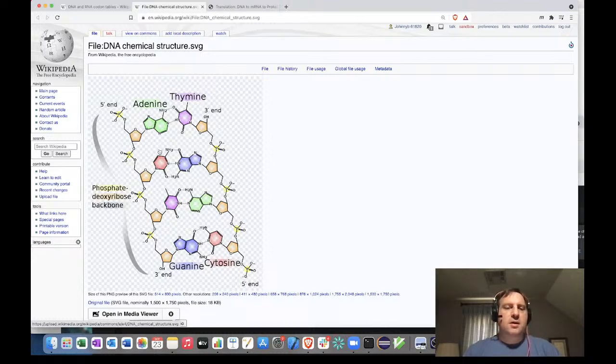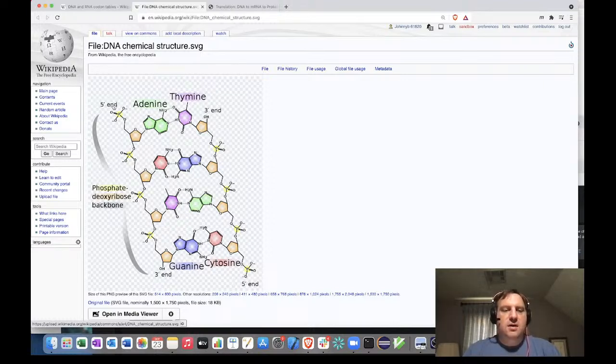The direction of DNA is based on the connection to this sugar here, and so there's a 5 prime end and a 3 prime end.